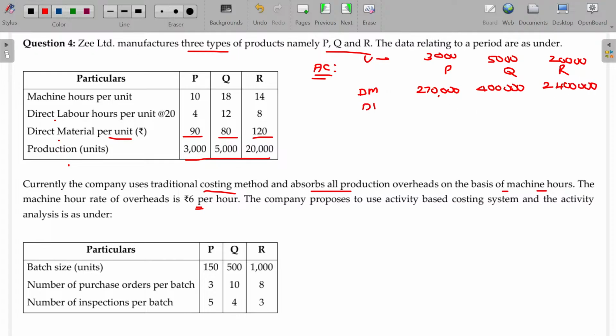Direct labor: hours per unit at the rate of 20 rupees. Then 4 hours into 20, 80 rupees per unit.